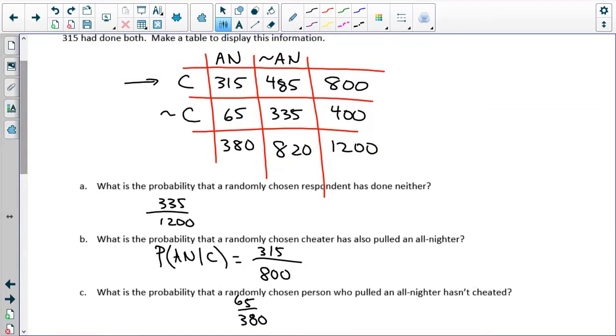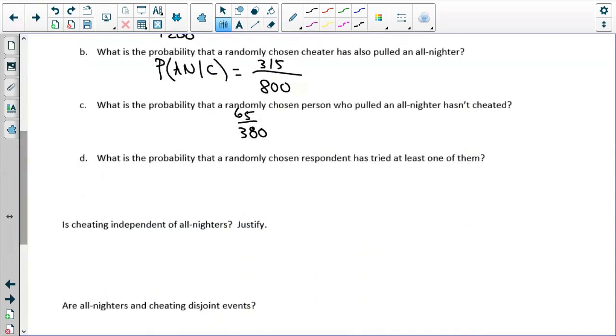So probably the best way to go about that is subtract 335 from 1,200, or I can add together all of the other categories. So 315 plus 485 plus 65 gives me 865. So I have 865 out of 1,200 have tried at least one of them.